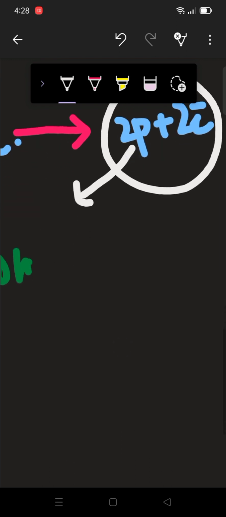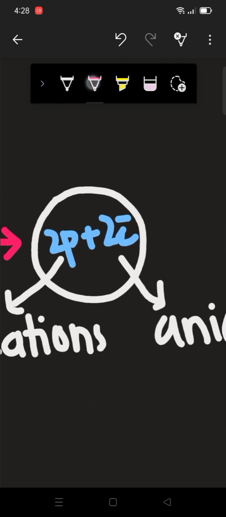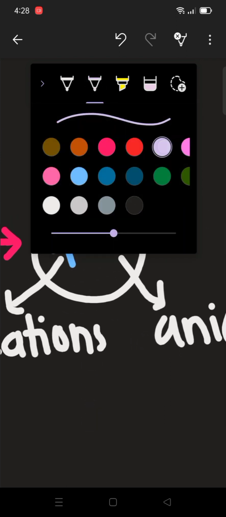Alright, so now we have here cations, just because they have positive charge, and we have two anions.